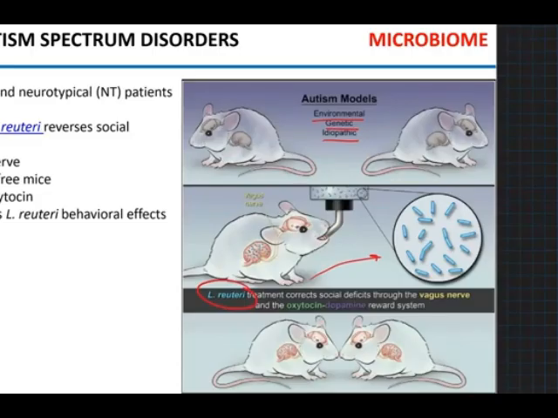So next question that they asked, okay, which neurotransmitter? So they produced mice that lacked the receptor for the neurotransmitter called oxytocin. It's a hormone, yes, it can serve as a neurotransmitter. Lo and behold, oxytocin receptor deficient mice were not affected by the treatment, by the Lactobacillus reuteri.